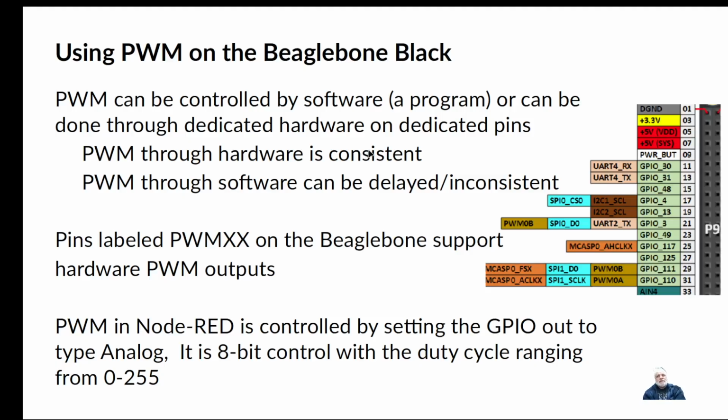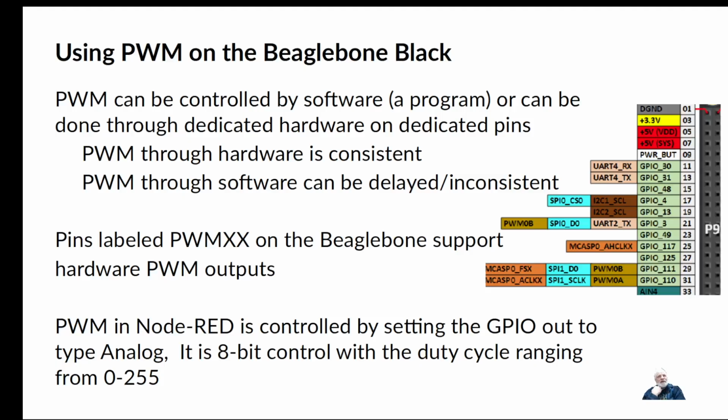Now the Beaglebone that we've been using for some of the labs in class supports pulse width modulation. But in general, it doesn't have to be the Beaglebone. You can do pulse width modulation through software. You can run a software program that outputs a 1, uses a timer or counts, and then puts a 0 out.